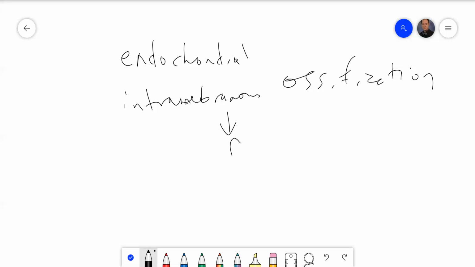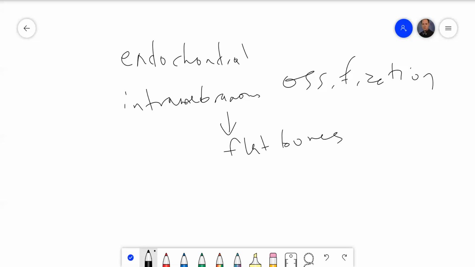Intramembranous ossification is usually for flat bones. Now, endochondral ossification is formation of bone inside a cartilage model, and this is how long bones are formed.